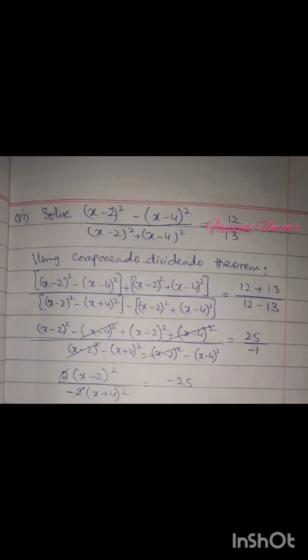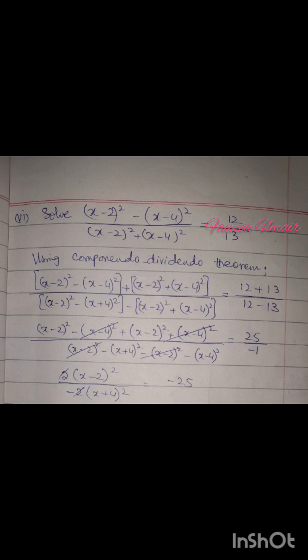So moving on to the sixth part, because this is a different part. The rest of the parts before 6 are similar, just like we solved first and second. So you can do it on your own. The sixth part is that you need to solve this expression. So we will apply Componendo Dividendo Theorem.